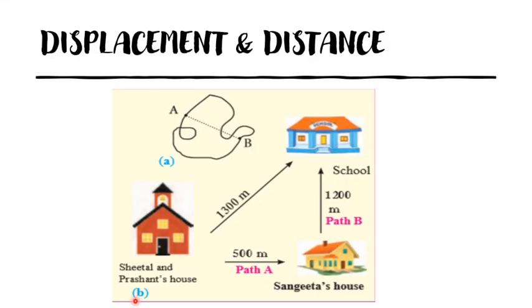Now look at picture B. This is Sheetal and Prashant's house and this is Sangeeta's house. The distance between Sheetal and Prashant's house and Sangeeta's house is 500 meters, and this is the first path, that is path A. Here is the school which is 1200 meters from Sangeeta's house, and if you go directly from Prashant and Sheetal's house to the school, it is 1300 meters.